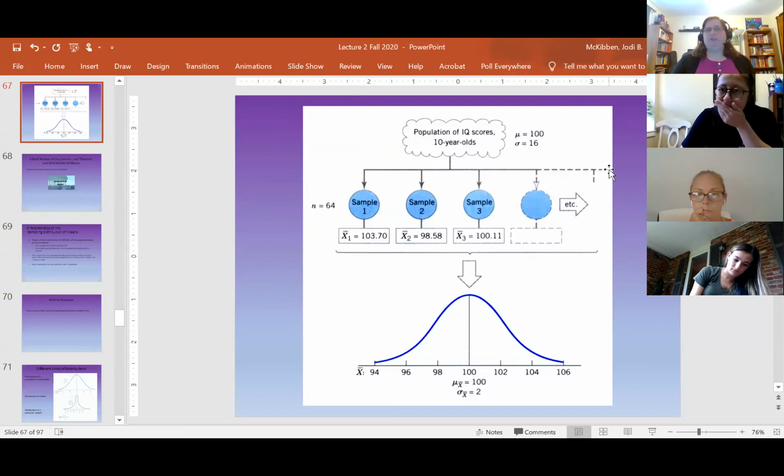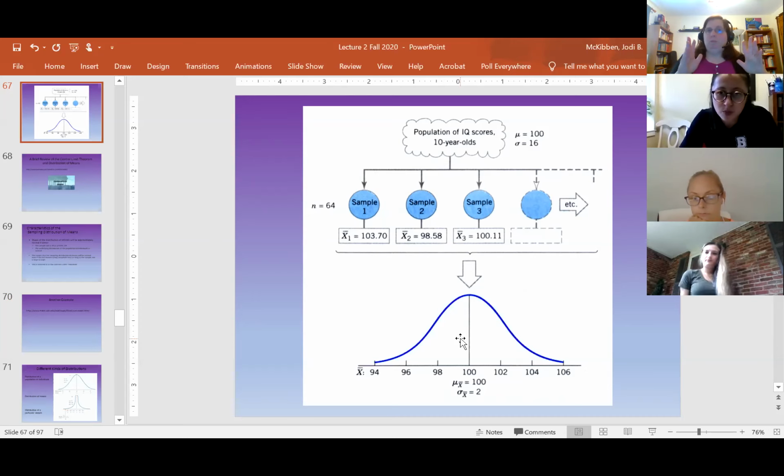So this is where we saw the standard deviations were different, right? We had the 16 up here and the 2 here. So what does the 2 versus the 16 imply? The 2 is going to be more narrow, right? That's what they were saying in the video, that when you get a sampling distribution of means, it's going to be more normal and more narrow than the original distribution.